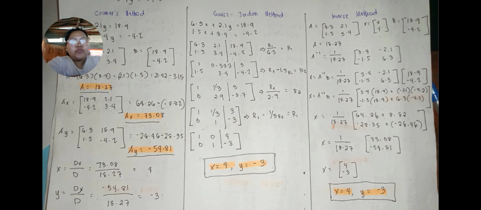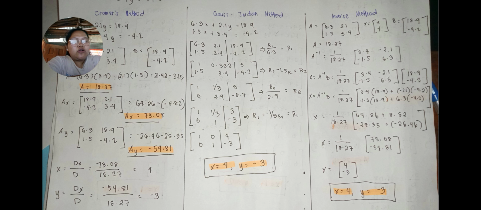For the row 1, we are going to copy. Next is the formula to get the row 2 again, to make the 2.9 into 1. We have row 2 divided by 2.9, and it results to 0, 1, and negative 3.